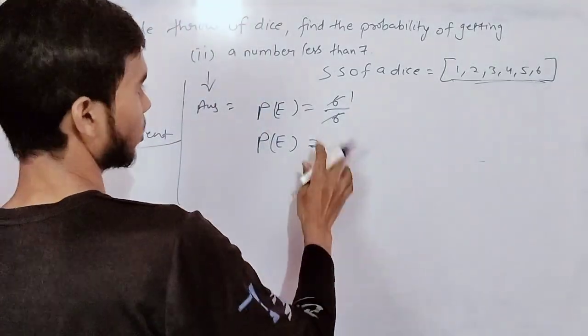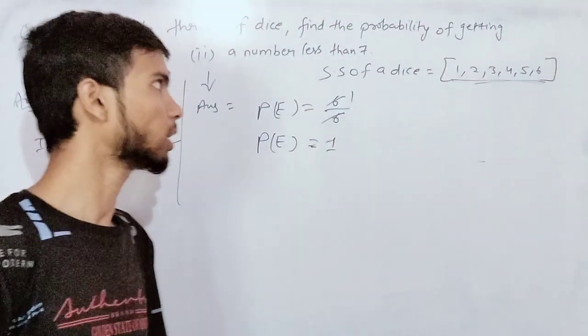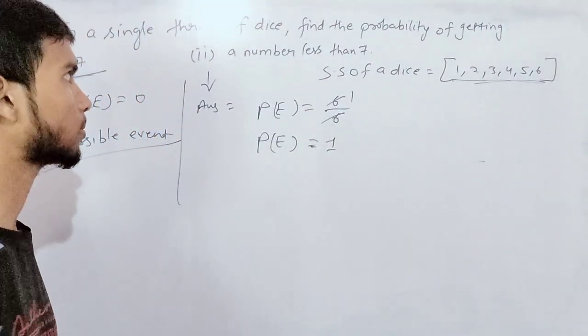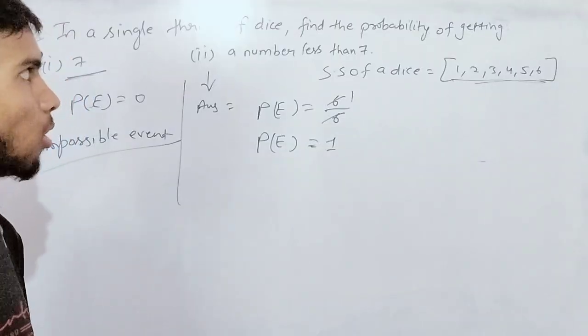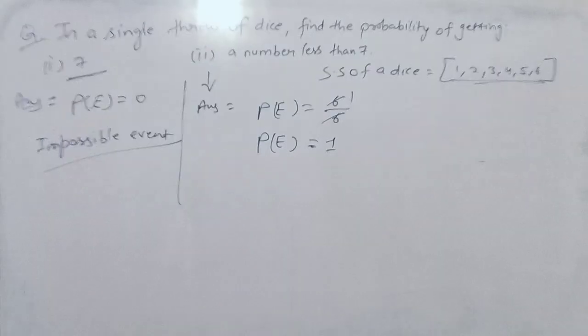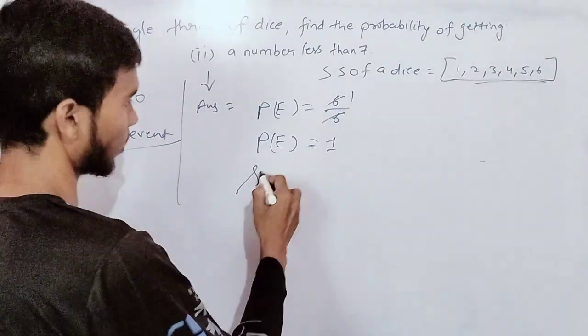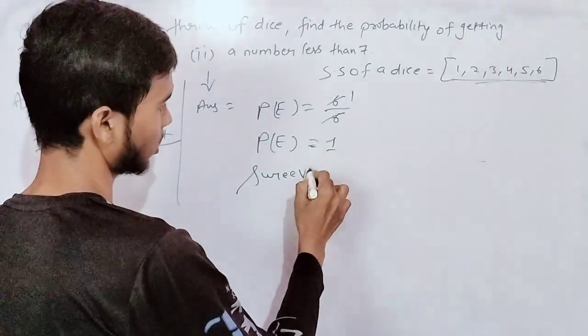The probability is 1 of getting these numbers. So here you can say it is a sure event.